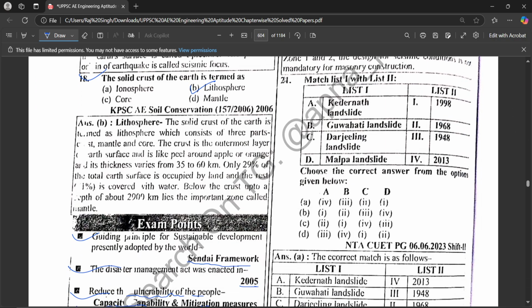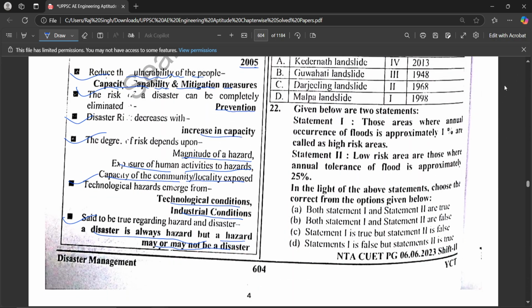Match the following. तो आपको पता है केदारनाथ लैंडस्लाइड जो कि हुआ था 2013 में. ठीक है, और गुवाहाटी लैंडस्लाइड जो कि हुआ था 1948 में. दार्जिलिंग लैंडस्लाइड जो हुआ था 1968 में. और मालपा लैंडस्लाइड हुआ था 1998. है इज करेक्ट.